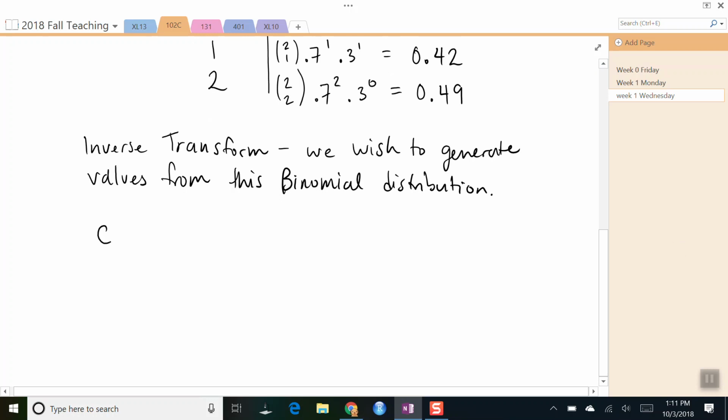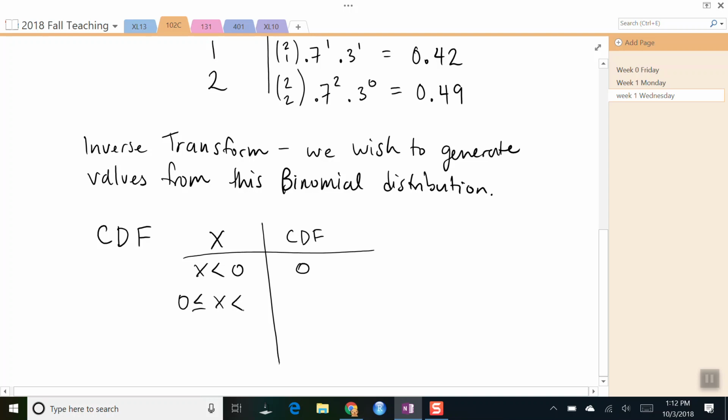That's simple enough. What we need to do is create our CDF, our cumulative distribution function. For x less than 0, what is our CDF? Our CDF is going to be 0. As soon as we hit 0, for 0 less than x less than 1, our CDF will be 0.09.